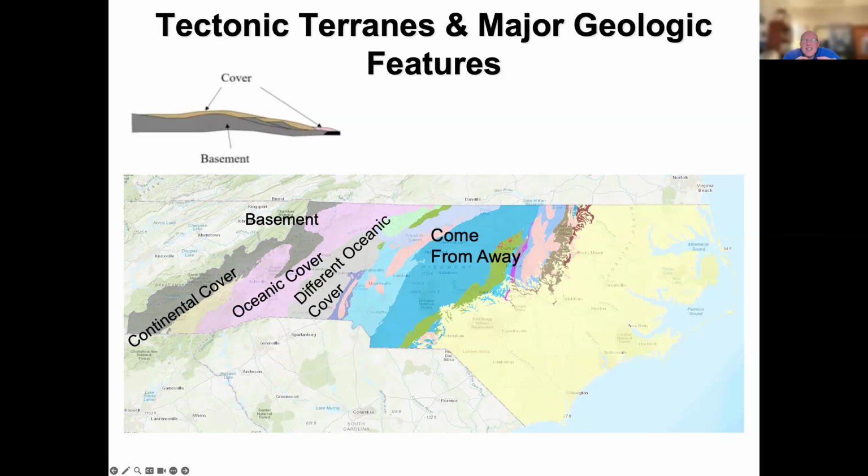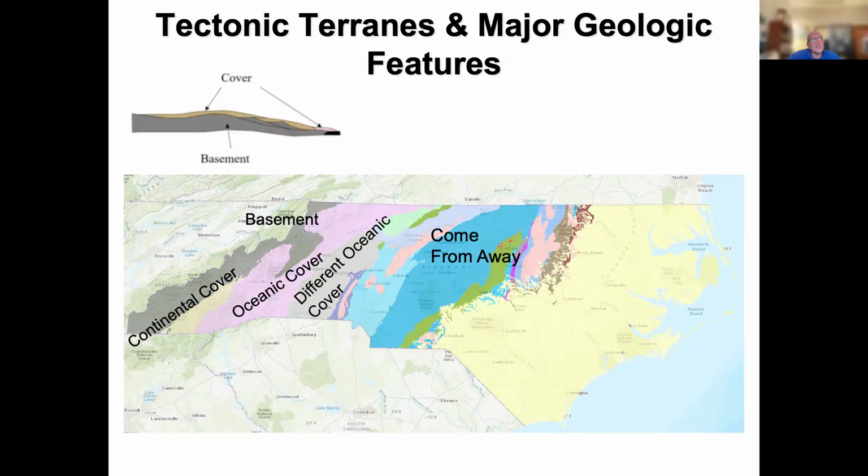To make it just a little bit more of a twist in that upper left diagram where I've got basement, if you follow that to the right, you can see a little black area. That would be the oceanic crust, or oceanic lithosphere. And sediments that would be deposited on top of that, which are pink in this diagram, would be oceanic cover, right?